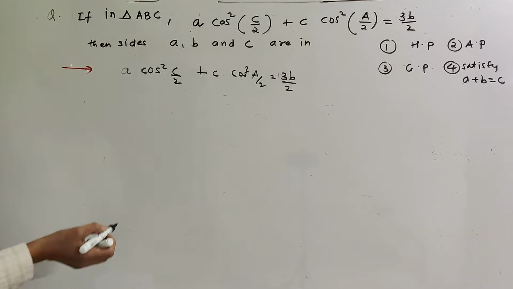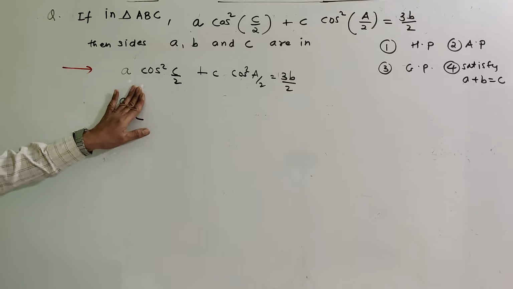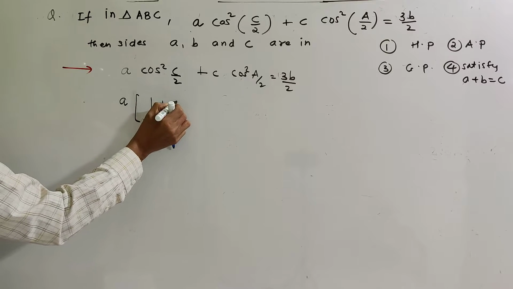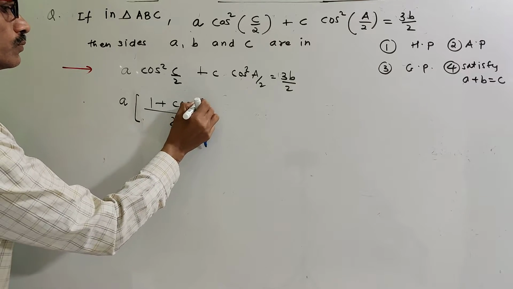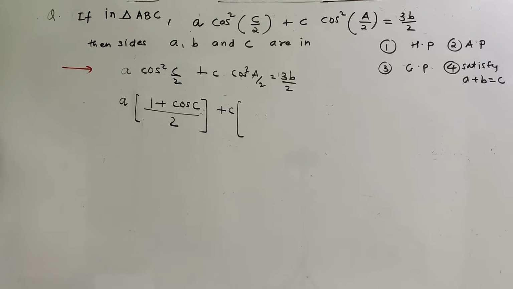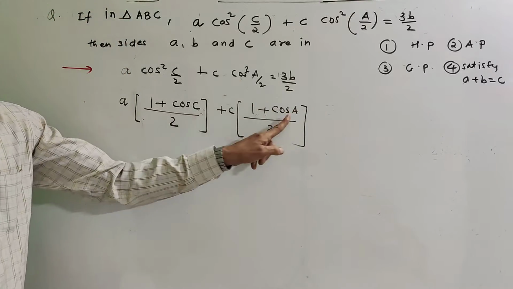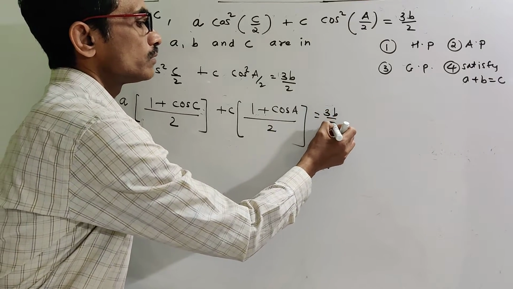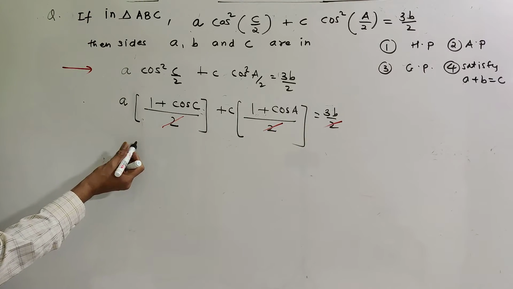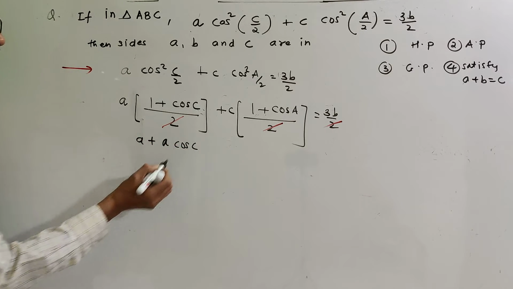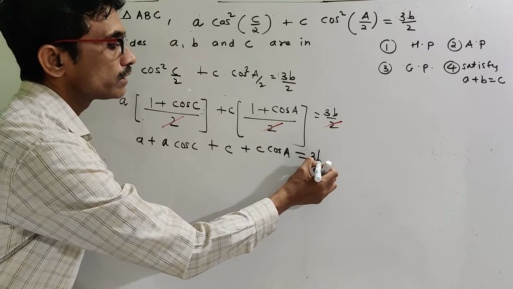Cos² will be written as (1 + cos θ)/2, so a(1 + cos C)/2 + c(1 + cos A)/2 = 3b/2. Now the 2 gets cancelled, so a + a cos C + c + c cos A = 3b.